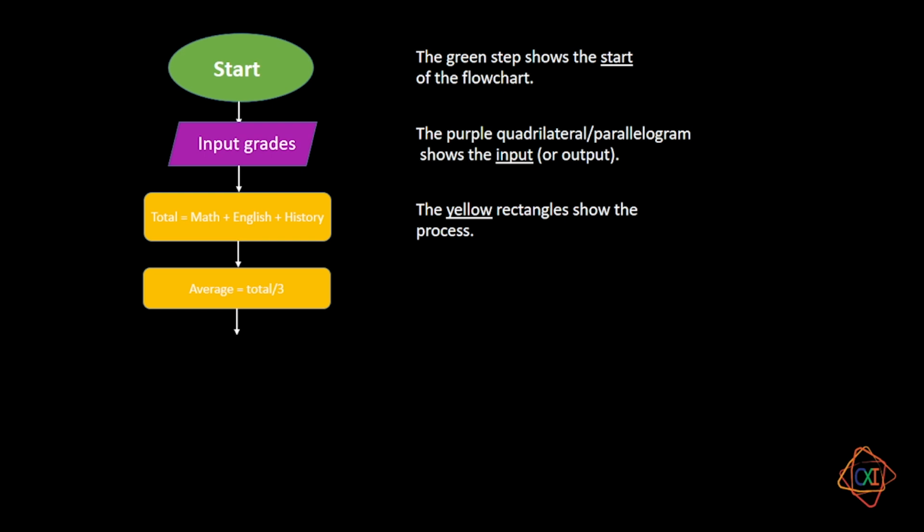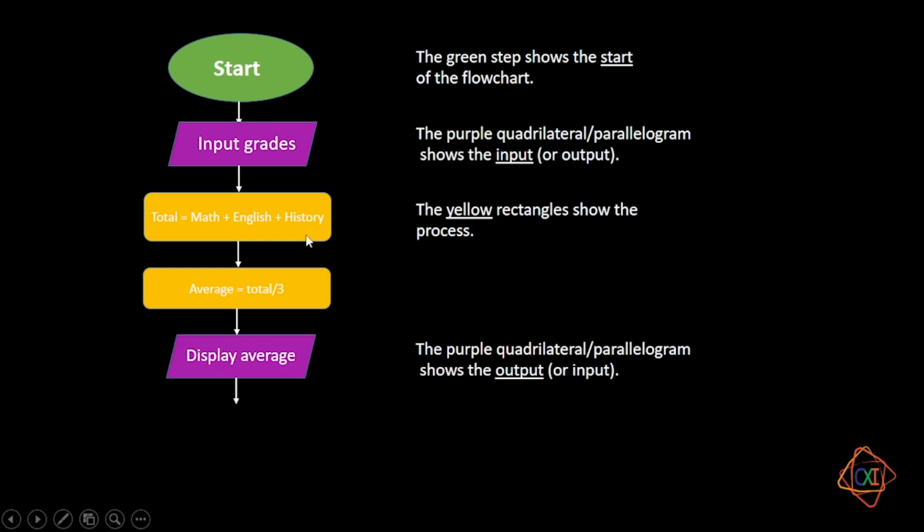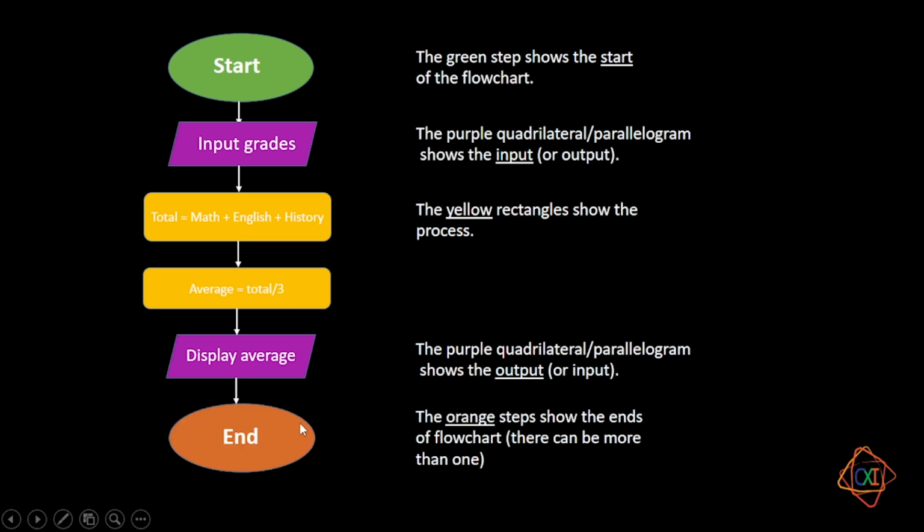Average equals the total, which is in this first rectangle, divided by 3 because we have 3 subjects here. Now we'll get the display of average marks, which is also a purple parallelogram, which we said shows the input or the output. Then our code will end.